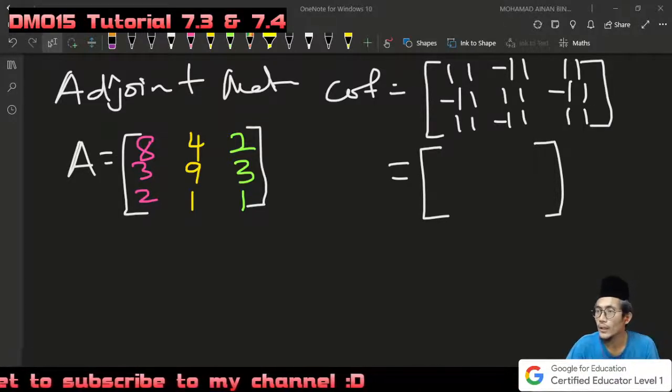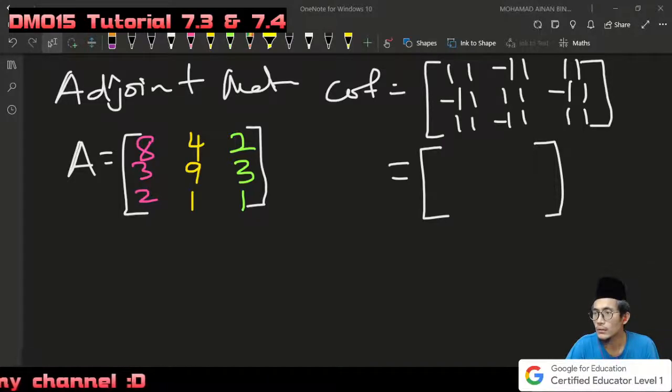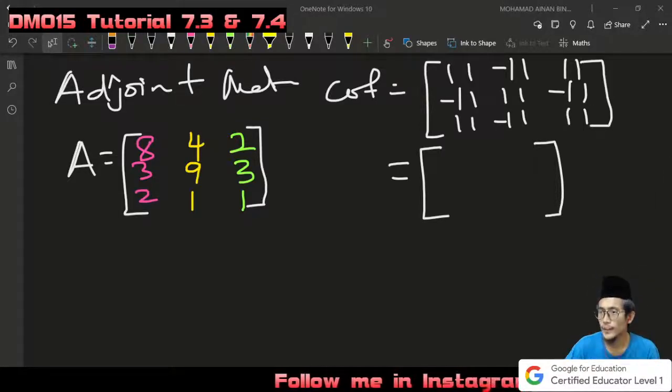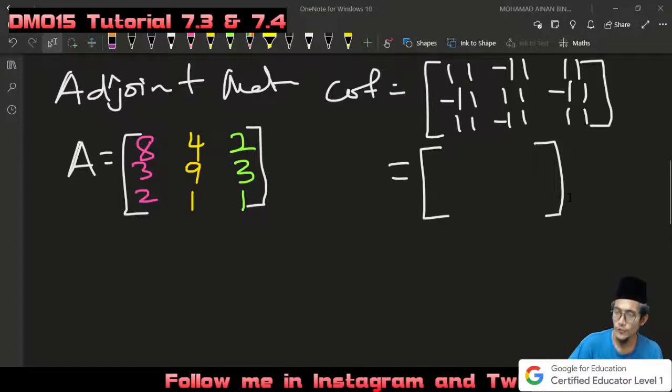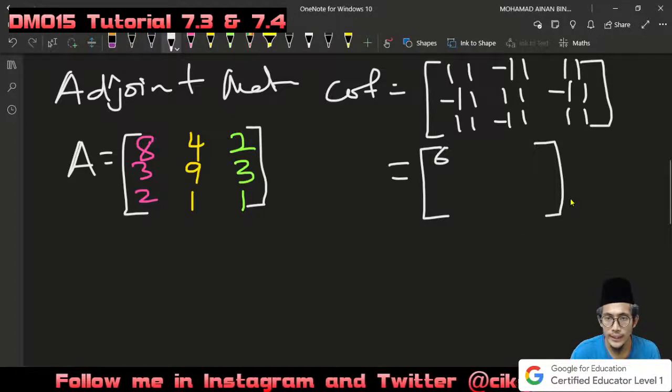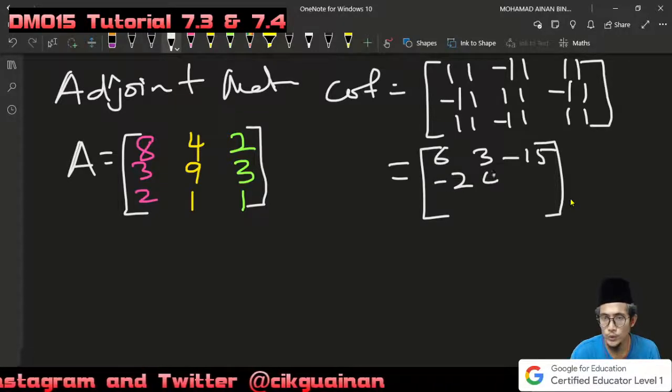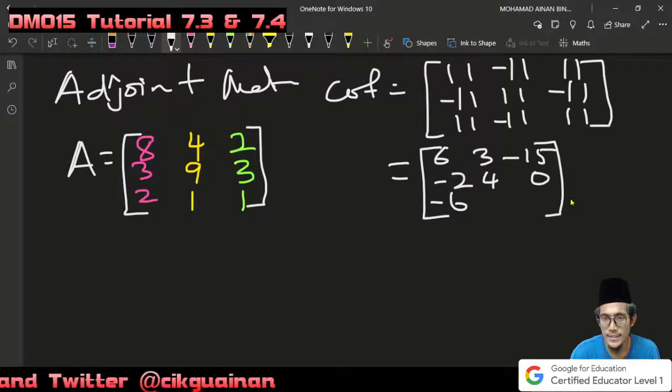Okay, the cofactor, oh, it disappeared. Oh, on the way. Okay, quickly now. The cofactor is 6, 3, minus 15, minus 2, 4, 0, minus 6, minus 18, 60.